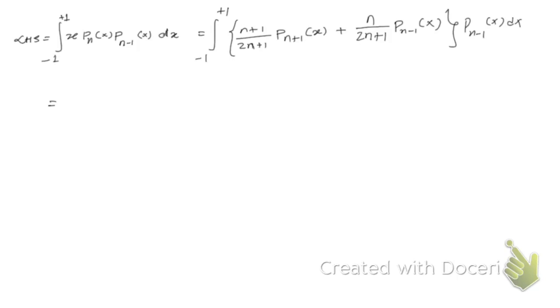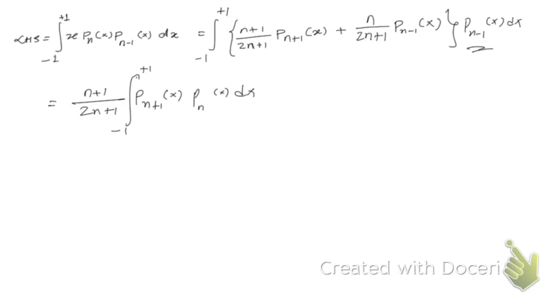Okay, so now let me open this bracket to integrate this. So doing so, what we're gonna have, (n+1)/(2(n+1)), there is integration, the constant term is taken outside, P_{n+1}(x) into this P_{n-1}(x) dx, right?